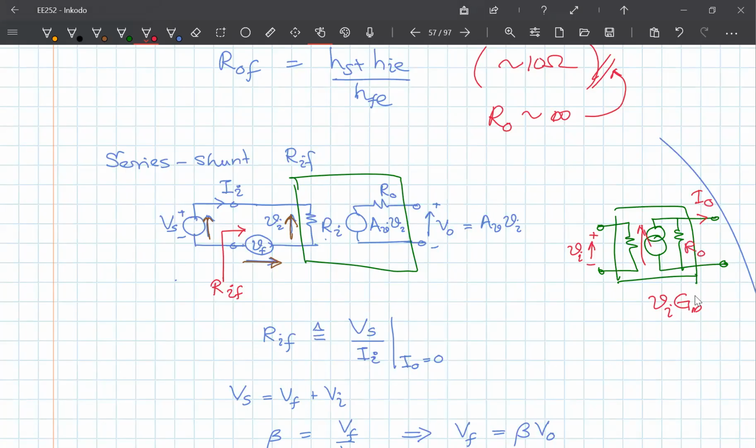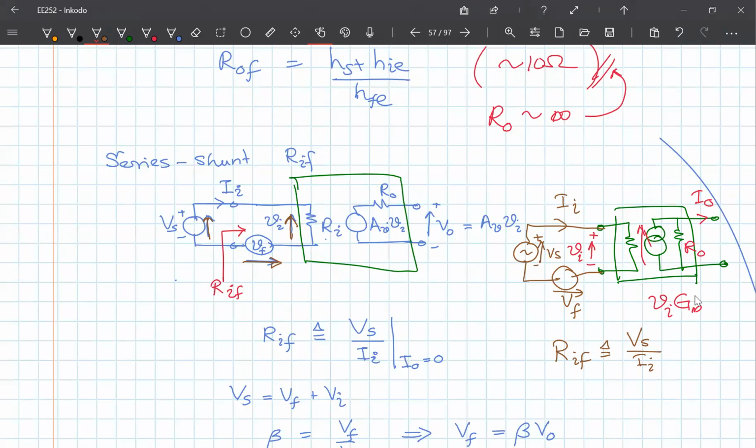But in this case, you have the feedback circuit just like before. So this will be my Vf in this direction. This is Vi. So this is my Vs. This side is the same. The only difference is that in this case I define Rif again as Vs divided by Ii, where this is my Ii.